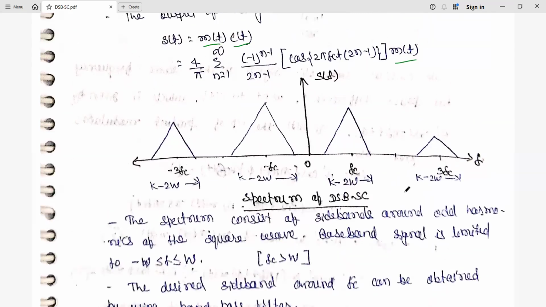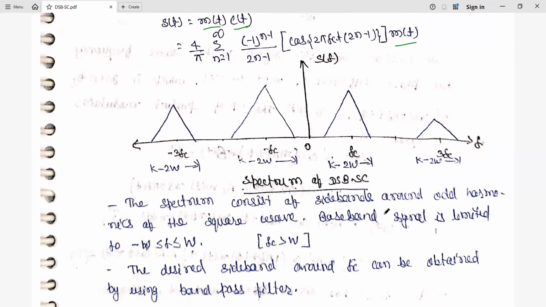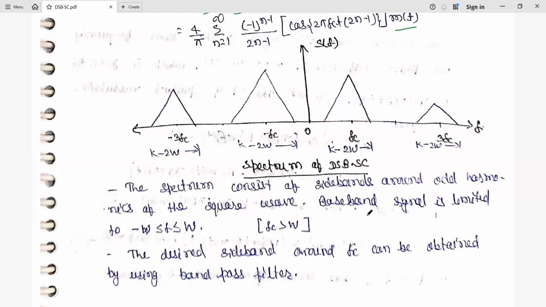And here if you see, whenever we have a spectrum, it is at the odd multiples of the carrier frequency, that is fc, 3fc, further 5fc, and here -fc, -3fc, again -5fc. So we have a spectrum only at the odd harmonics of the square wave.